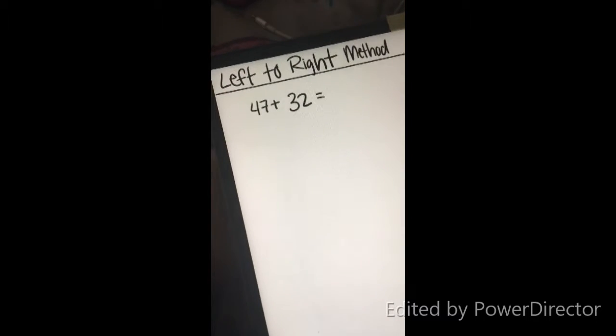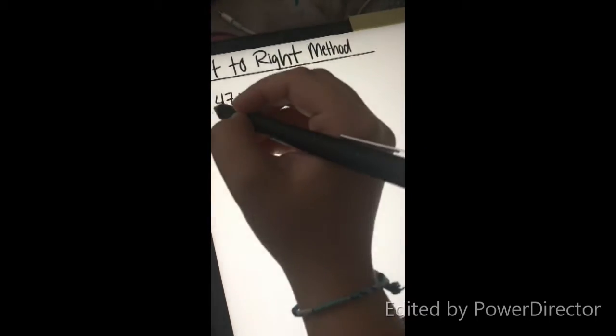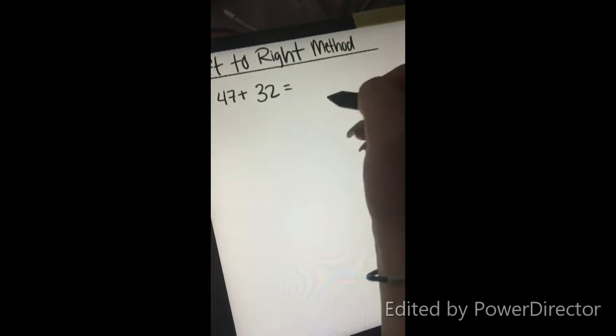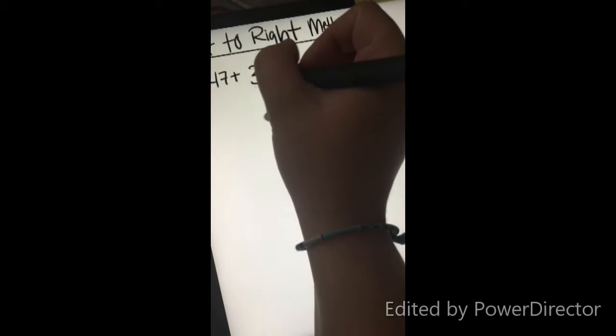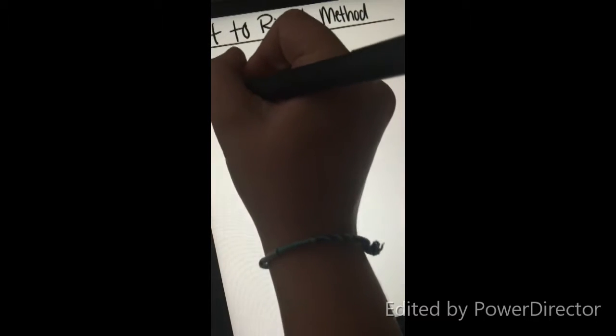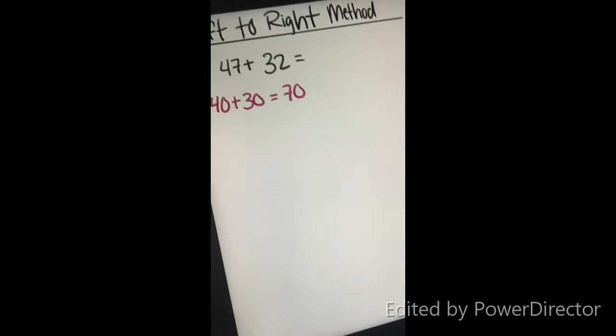What we're going to do is kind of like in the partial products, we're going to break things down. We're going to go from left to right. So we're going to start with 40, and we're going to add it to 30. 40 plus 30 equals 70.